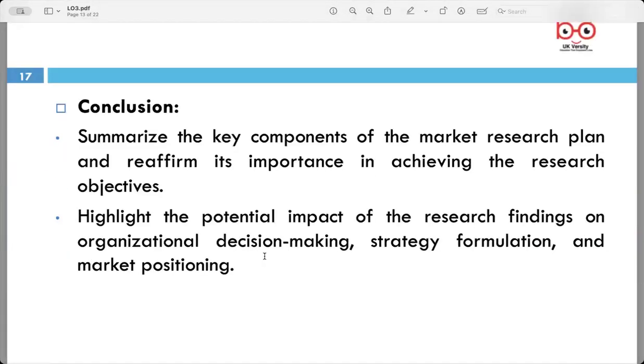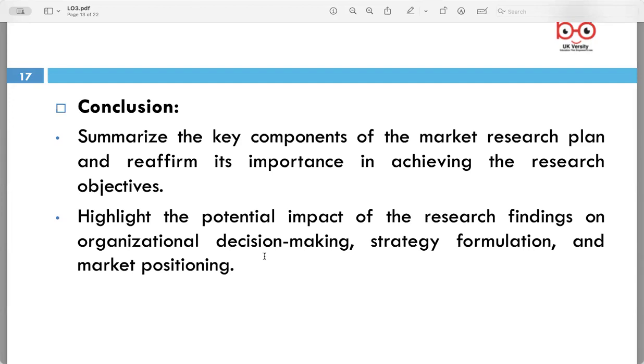Again, the conclusion. In the conclusion, the key components of the market research plan are summarized, reaffirming its importance in achieving the research objectives.